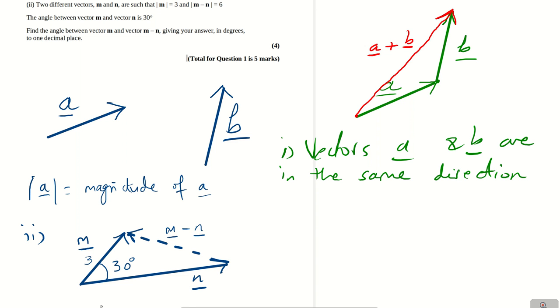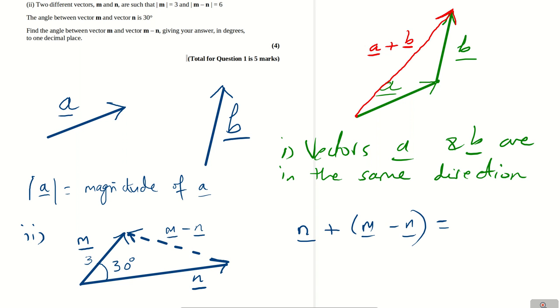And the reason for that is because, do you remember before I said adding vectors means you go along the first vector? So if I start here and I go along vector n, if I add on this vector here, m minus n, then I get to this point here.